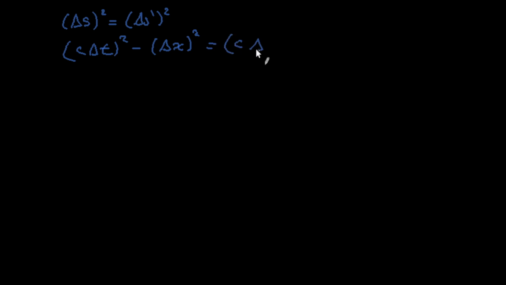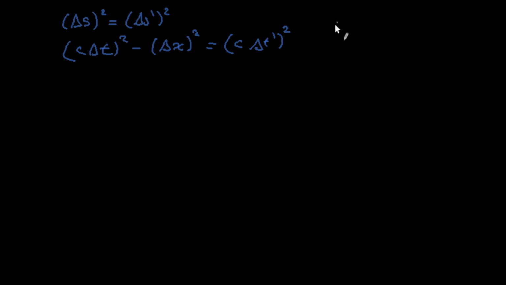So now delta s squared equals delta s prime squared: c delta t squared minus delta x squared equals c delta t prime squared.